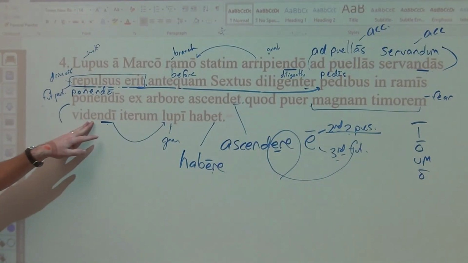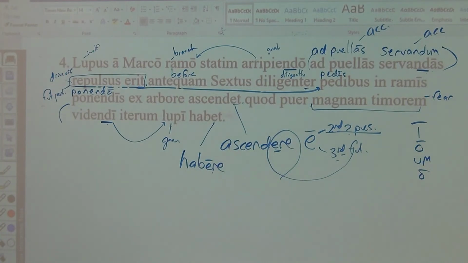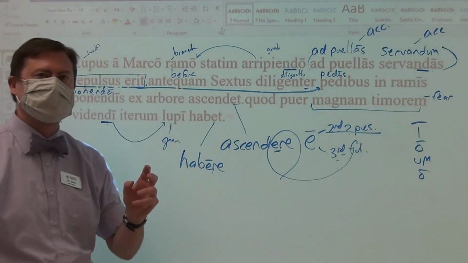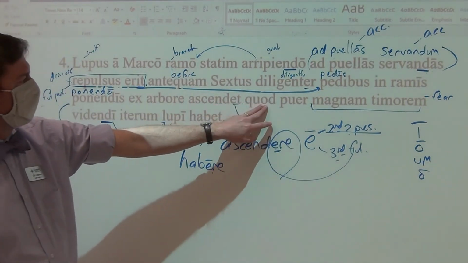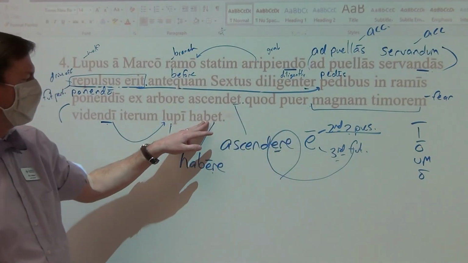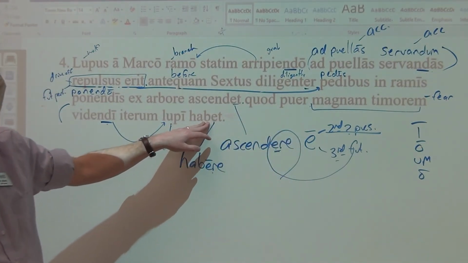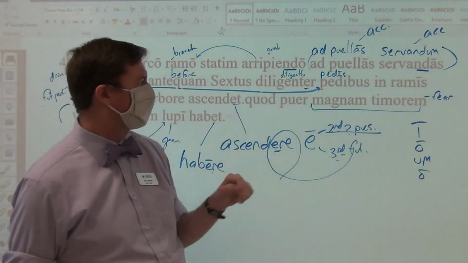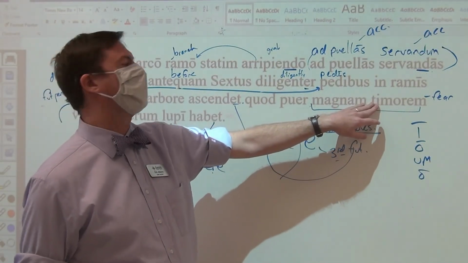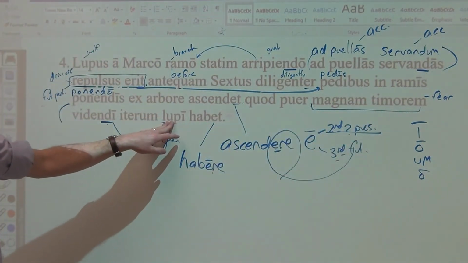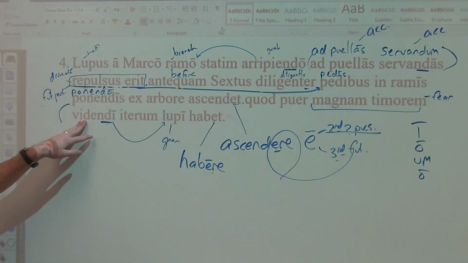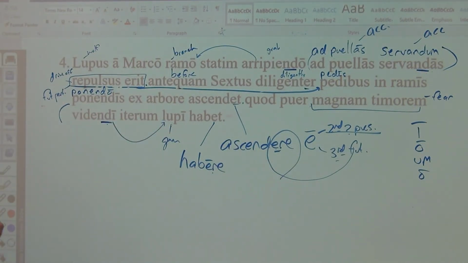The one videndi iterum. Do your best. And it says, because the boy does hold, does have right now, in the present tense, a great fear, a huge fear of the wolf about to be seen again. The wolf to be seen again.